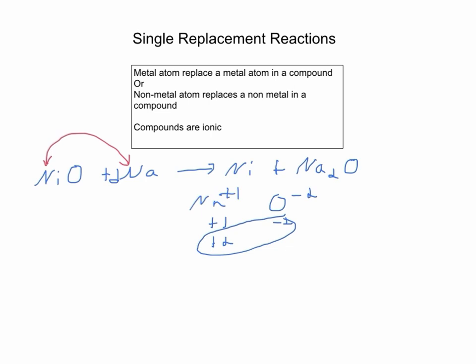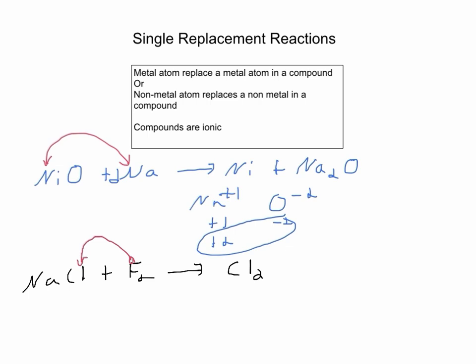The nonmetal example would be something like sodium chloride plus fluorine, and here we have a nonmetal going to replace a nonmetal. So we know that chlorine gets pushed out, and chlorine is diatomic, so when it's alone it must have the 2. Also, we have to make our ionic compound.